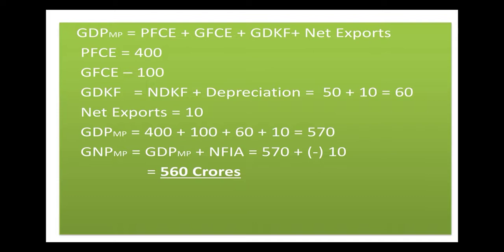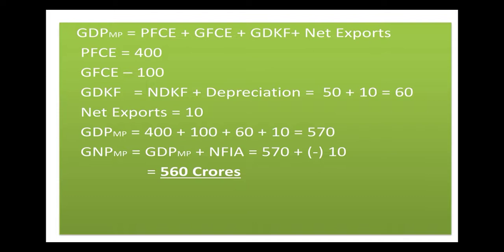We have net domestic capital formation, so we will add depreciation to it. It becomes 50 plus 10 is 60. Net exports are given as 10. So we have all these four items, add them, and we get 570. This 570 is the GDP at market price.